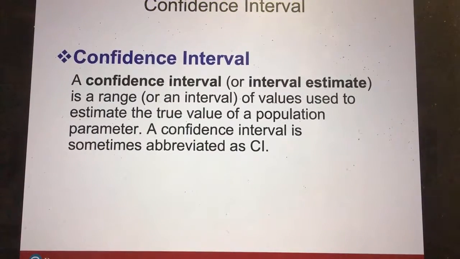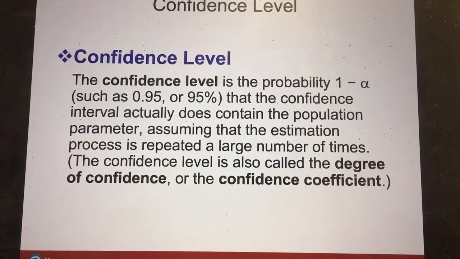So now we get into the big deal. What is a confidence interval, and why do we care? A confidence interval, also an interval estimate, is a range or an interval of values used to estimate the true value of a population parameter. A confidence interval is sometimes abbreviated as CI, and the confidence level is very important.